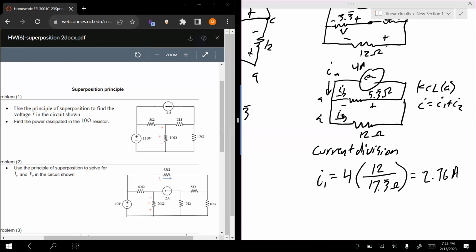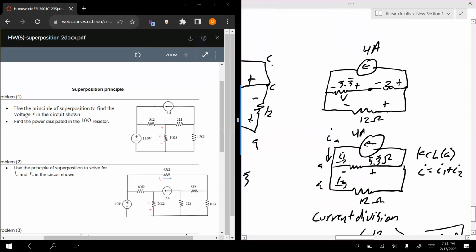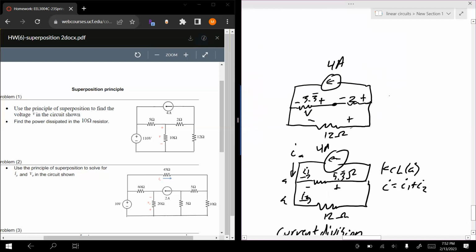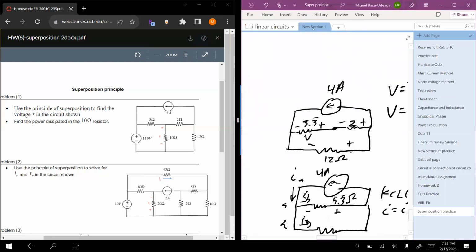So now that we know what I1 is here, let's go back up to the circuit. Now we can find the voltage across this resistor. So how do we do that? Let's not forget Ohm's law, V equals IR. So voltage is equal to, now here's one thing you want to pay attention to, and I'm going to draw this in a different color. This one's important.